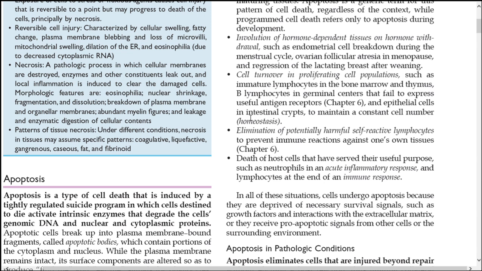This is due to apoptosis. It maintains a constant cell number, the other name for which is homeostasis. That is very important. We need to remove the immature lymphocytes in bone marrow and thymus by apoptosis, and maintain the intestinal crypts through apoptosis, so that a constant cell number is maintained.